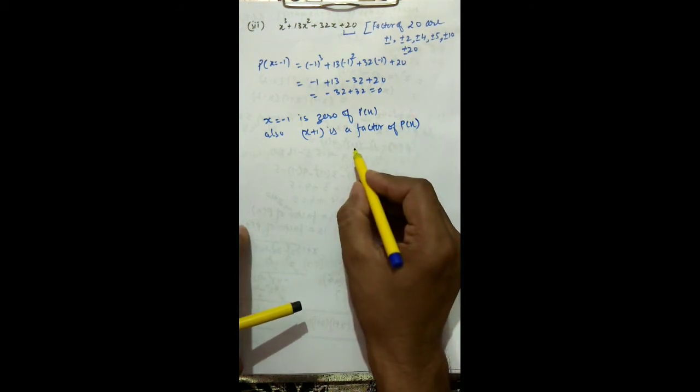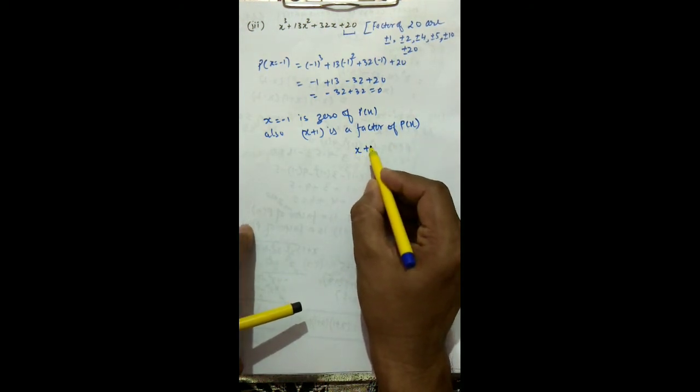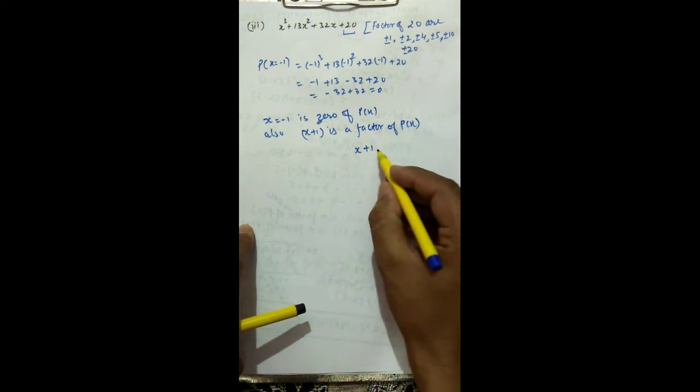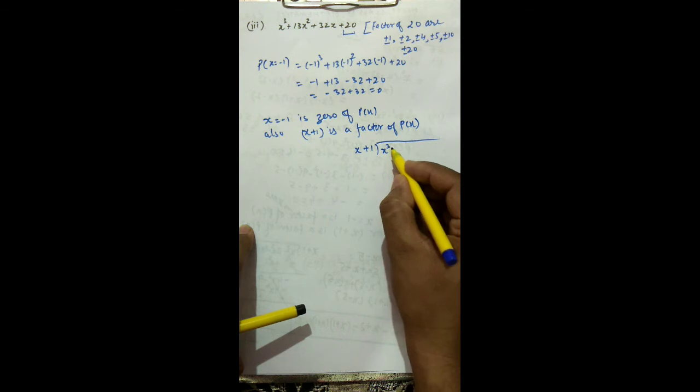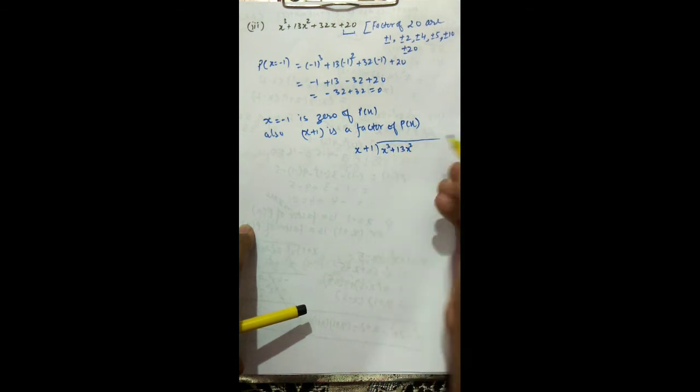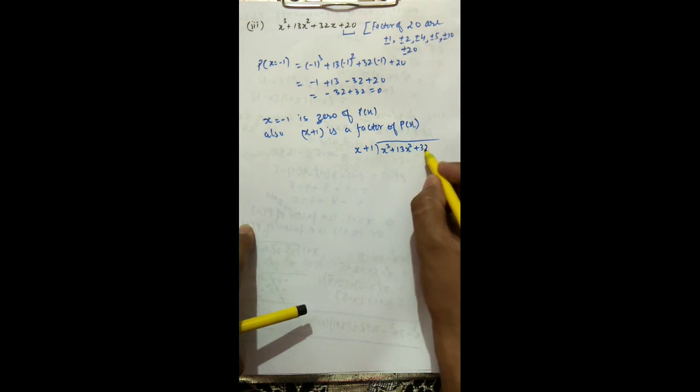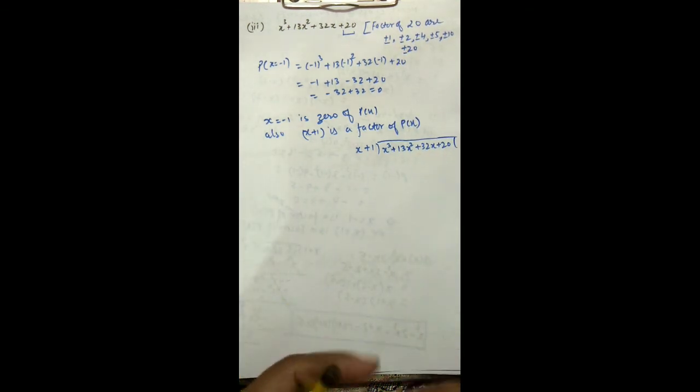Now we go with long division, x plus 1, do the long division, this is x cube, this is plus 13x square, and this is plus 32x, and this is 20. So now we do the long division.